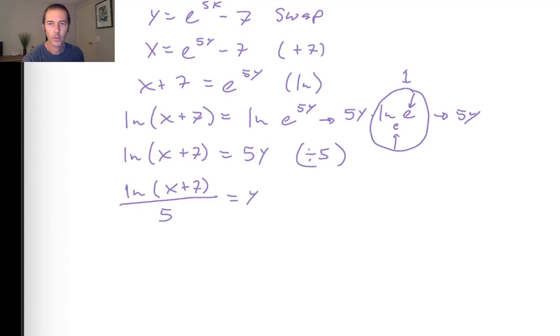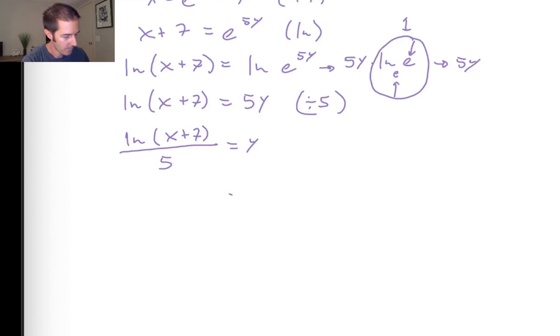And then we can do that very last step, which is really our final answer, except we're going to change the y to say f inverse of x, and that'll be our final answer. I'll leave you to copy that down in your notes.